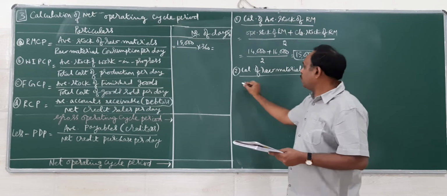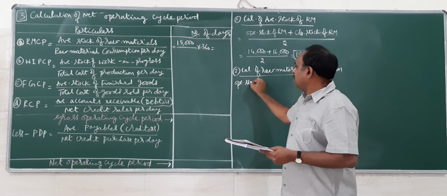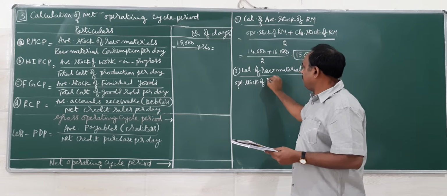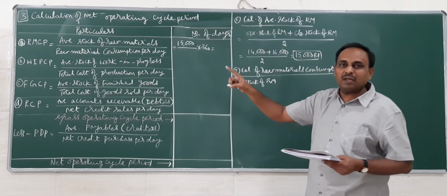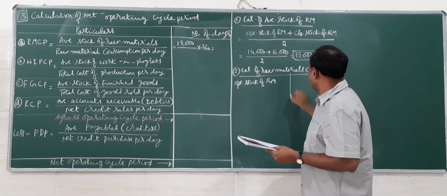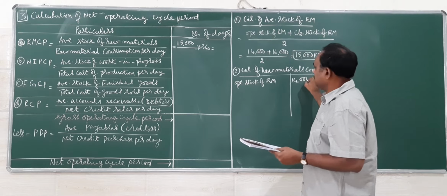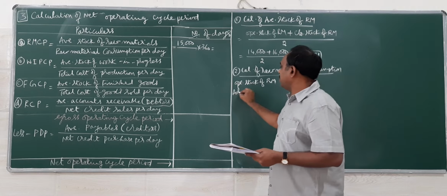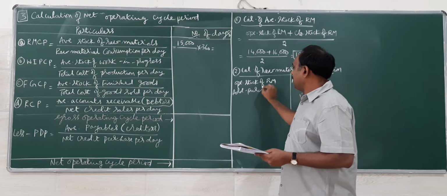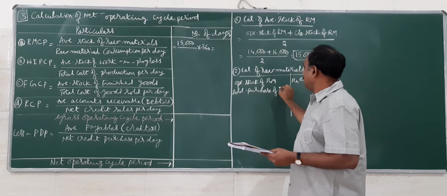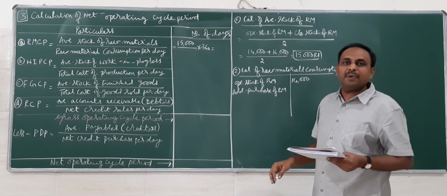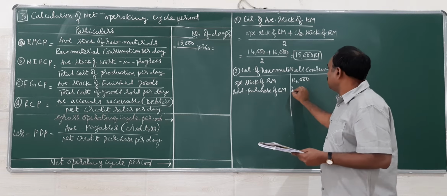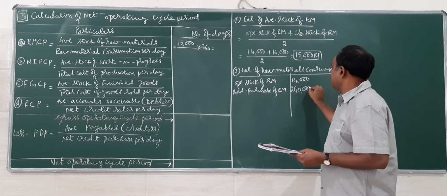For this we have to take opening stock of raw material, which is available in the profit and loss account as 14,000. Then we have to add purchase of raw material, which is given on the debit side of the profit and loss account, 2,40,000.